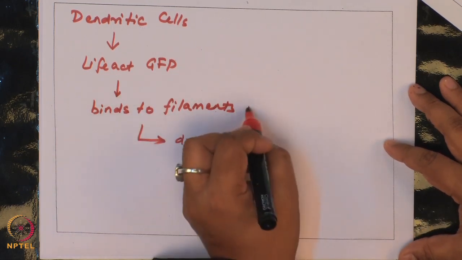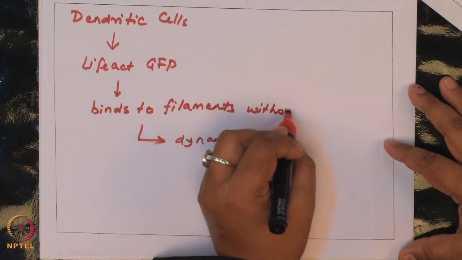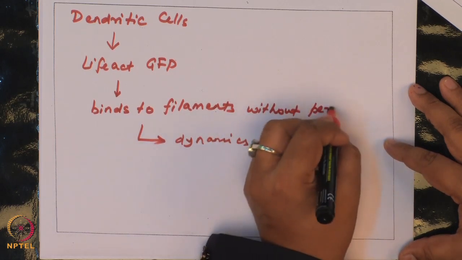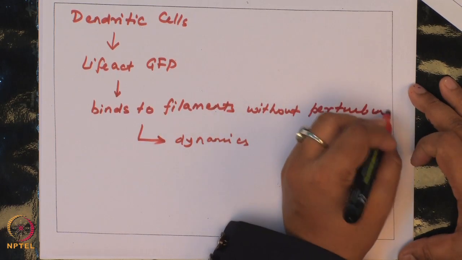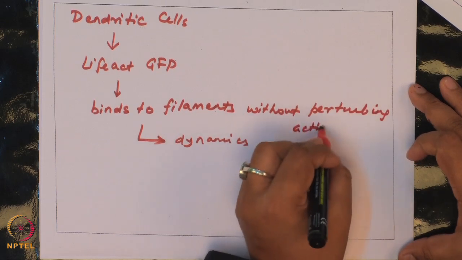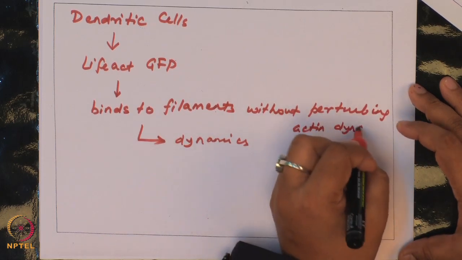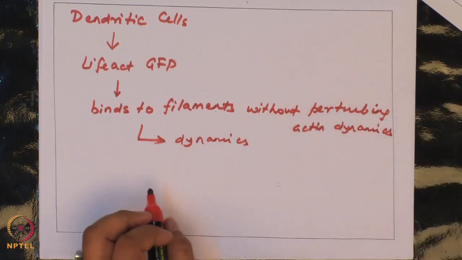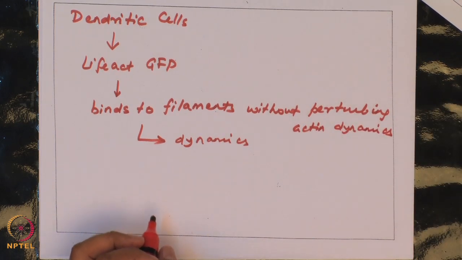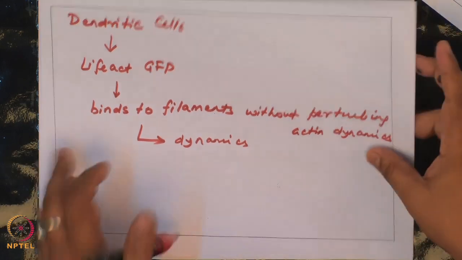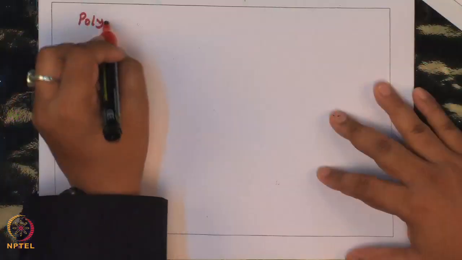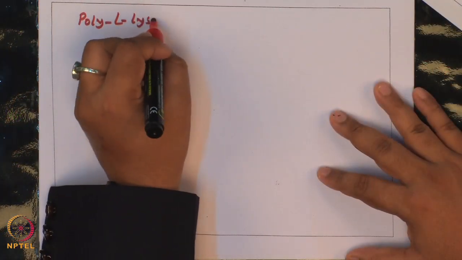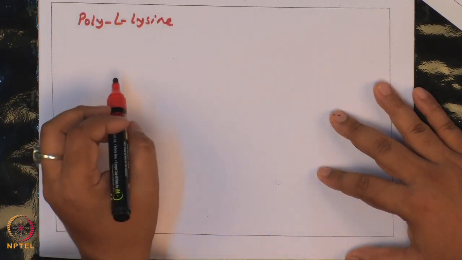Now, it binds to filaments, but without perturbing actin dynamics. Okay. So, basically the first question the authors asked was whether they would observe retrograde flow in these cells. Okay. So, to answer this question, the cells were plated on polylysine coated surfaces, okay, and what they observed.